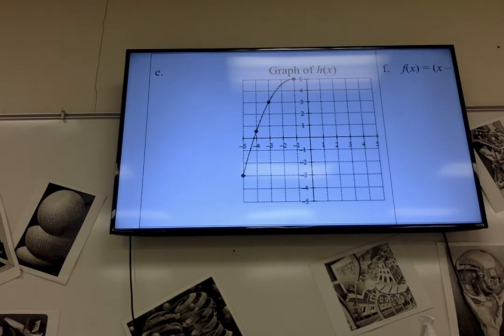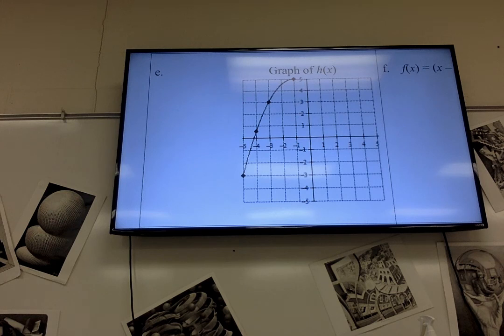That sheet goes with that homework. So we have to first see if it's one-to-one. In order to tell if a graph is one-to-one, it has to pass the horizontal line test.